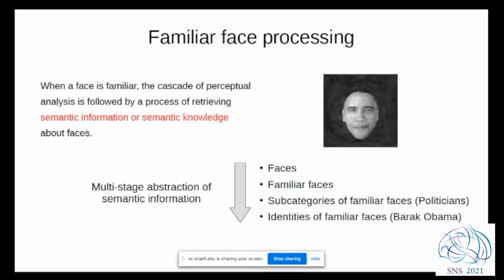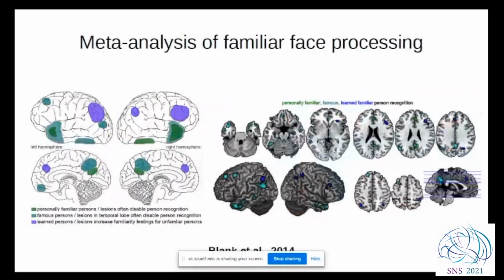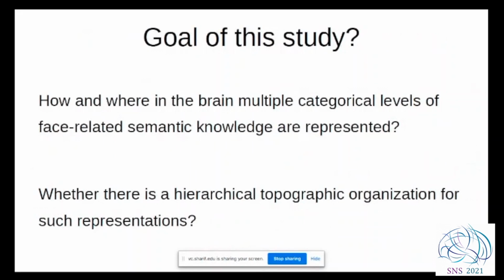So the question is how these multiple levels of information abstraction are represented in the brain, so where they are represented, and if there are representations for different hierarchical levels of familiar face processing, whether those representations have a specific topographic organization or not. So these are the questions that we are going to address in this study.